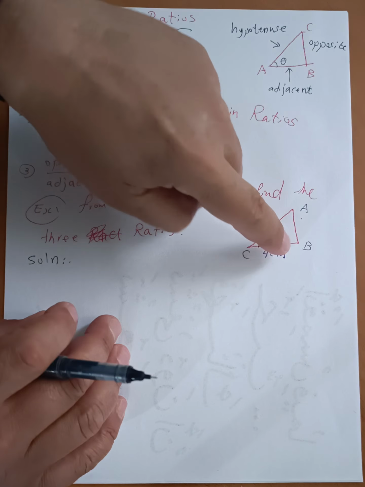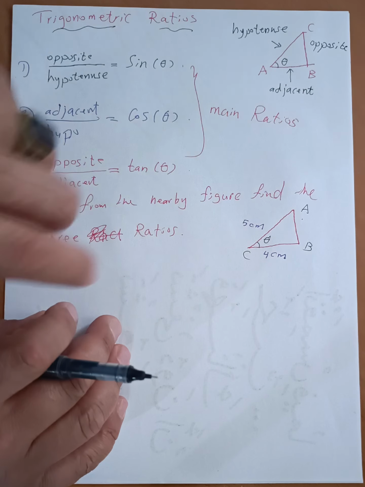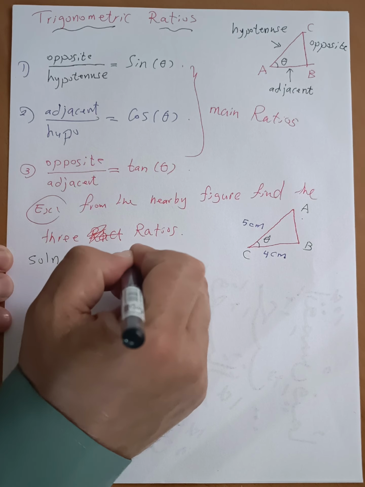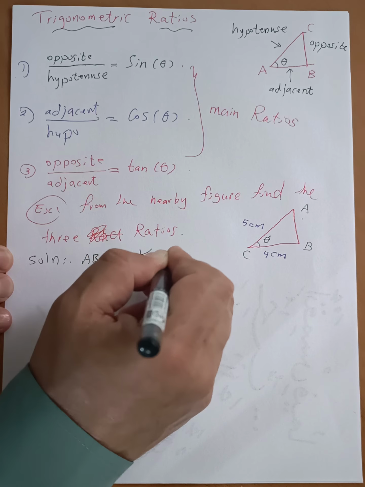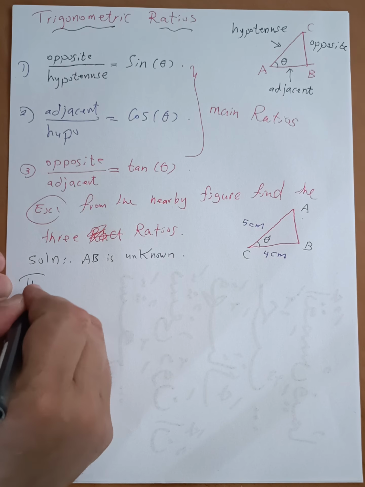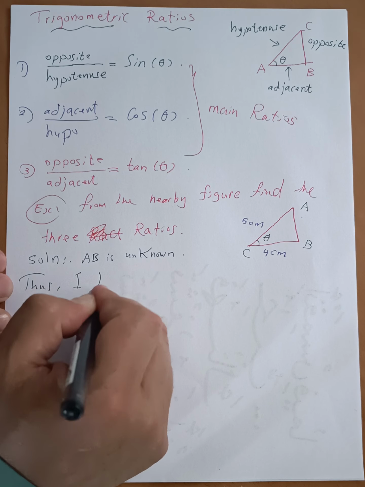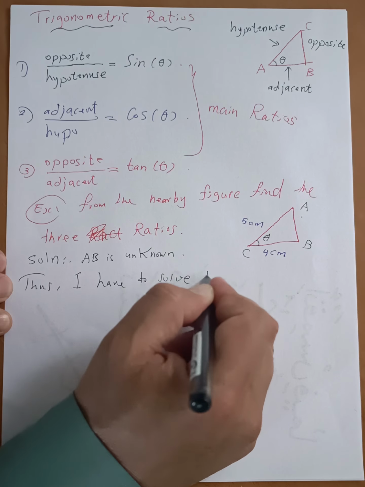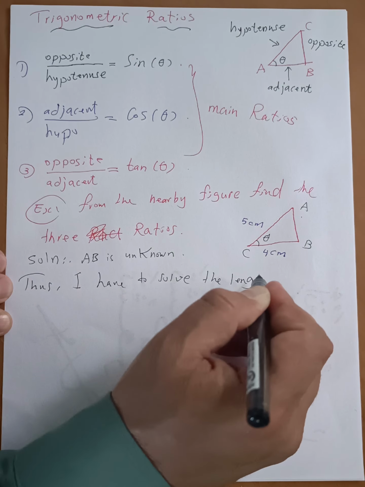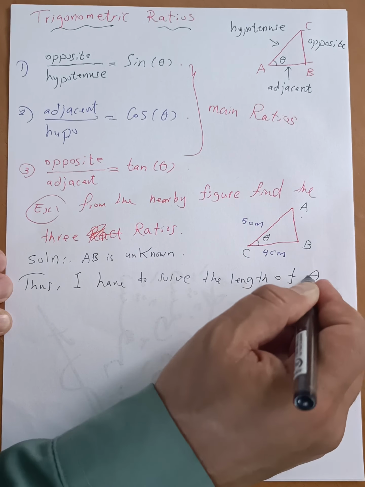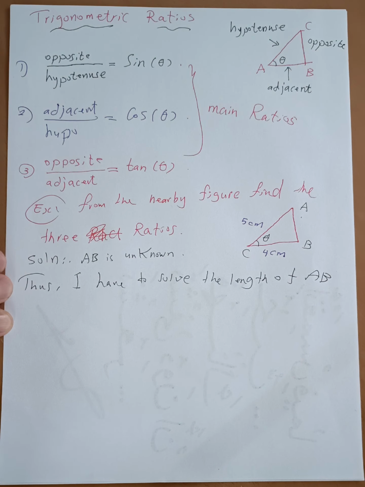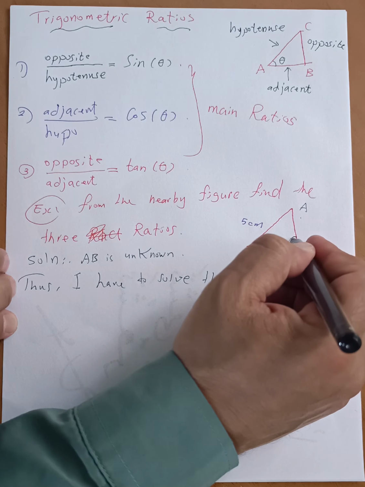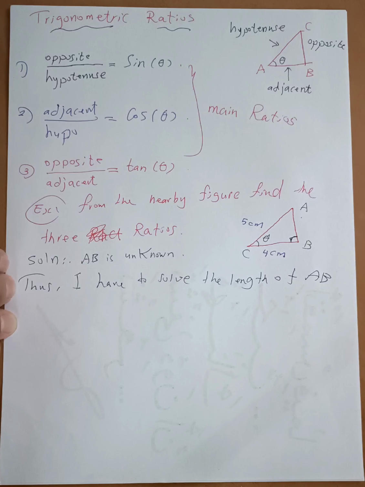Here is AB 4, AC 5, but AB is unknown. Thus, I have to find the length of AB. How can I find it? We have to think outside of the box.